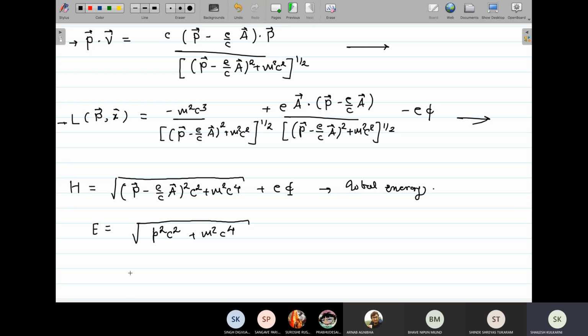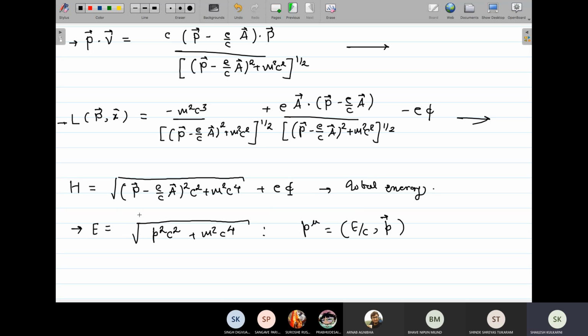In this notation, we also have this 4-momentum P mu, which is E by c and this. So you see this E actually transforms as the zeroth component of the 4-momentum for a relativistic free particle.